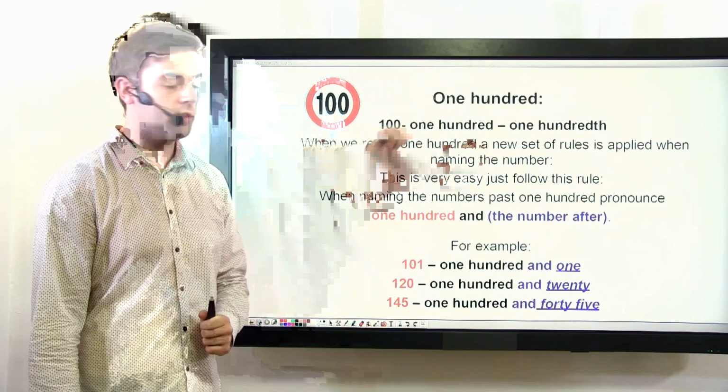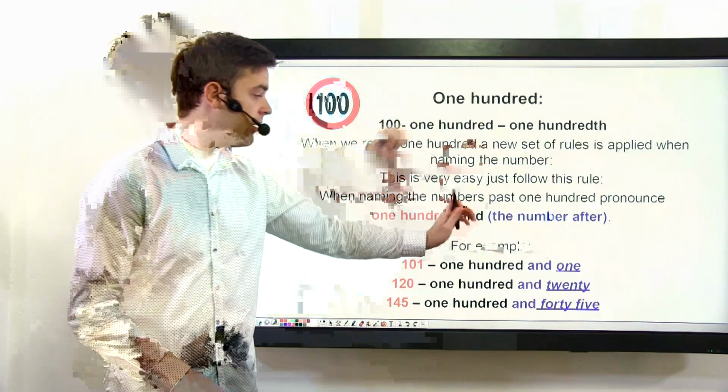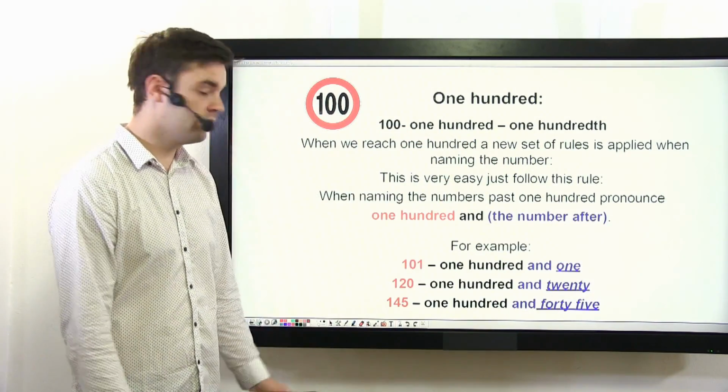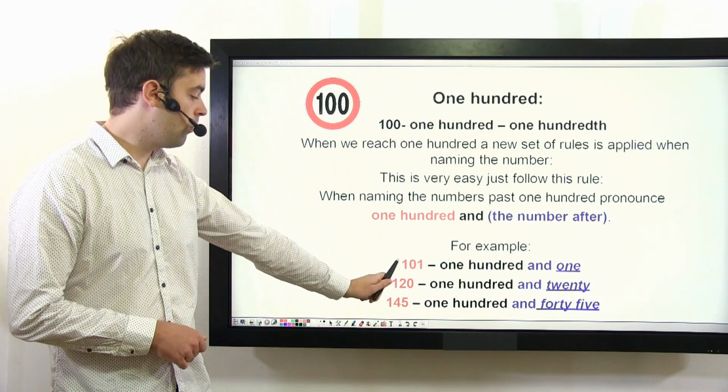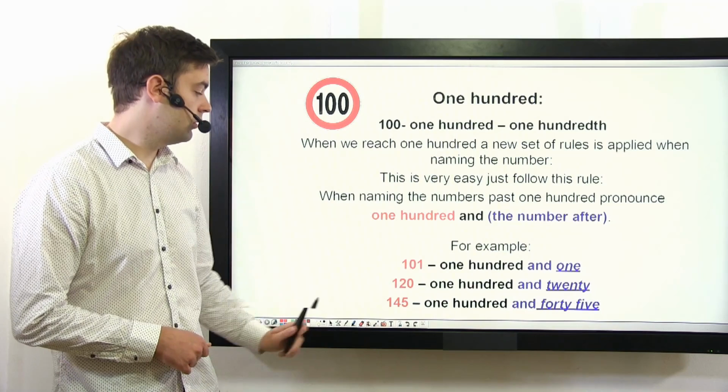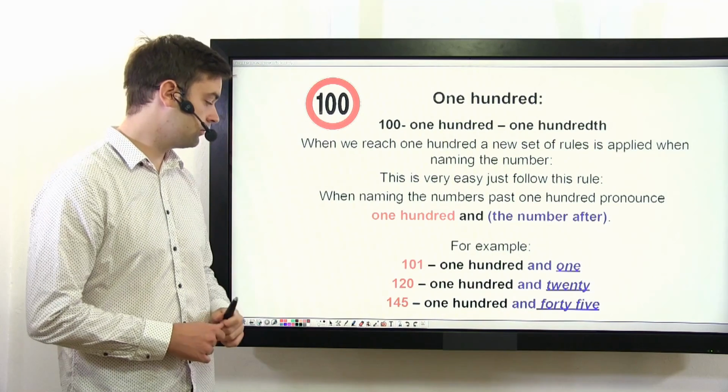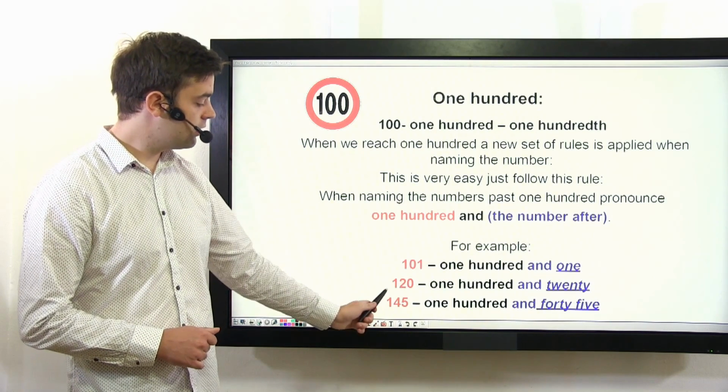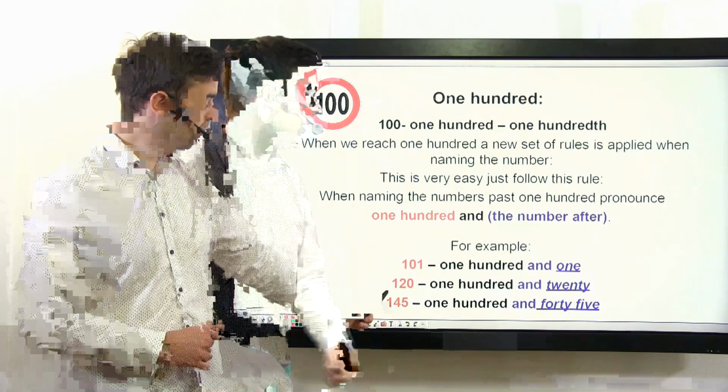When we reach 100, we say 100 and the number after. So for example, we have 101, 100 and 5.